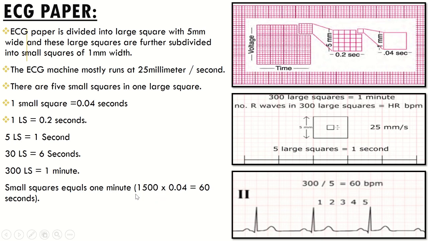In 1 minute, 1500 small squares are there. Using the number of R waves in the 300 large squares, we can calculate the heart rate per minute. I'll teach you in the next slides.